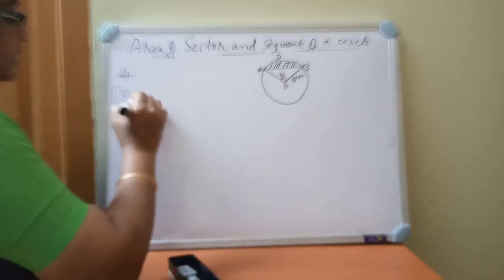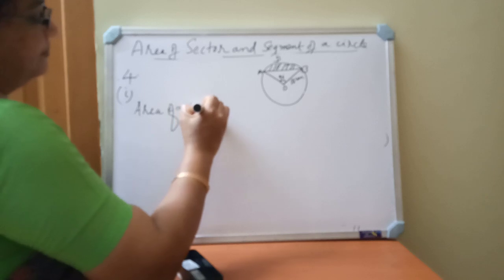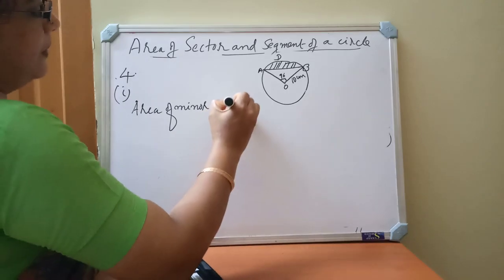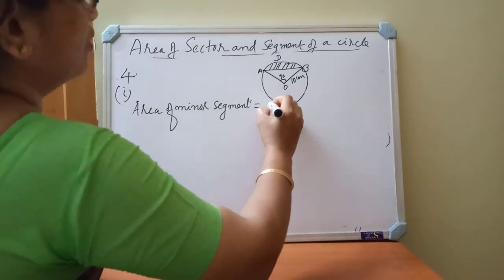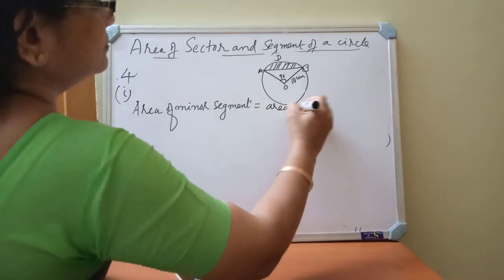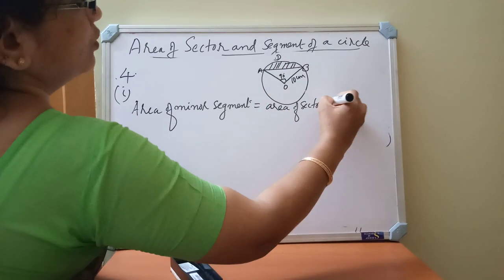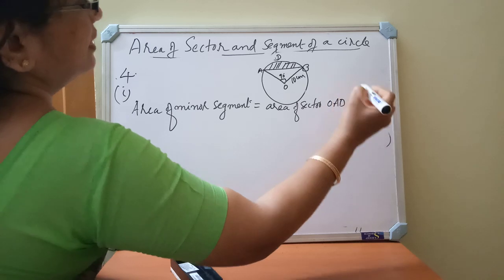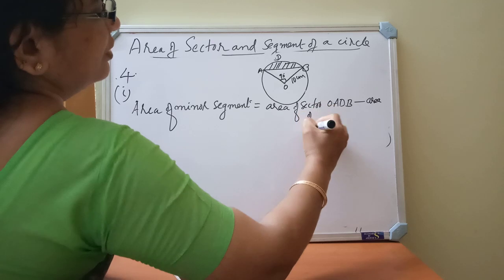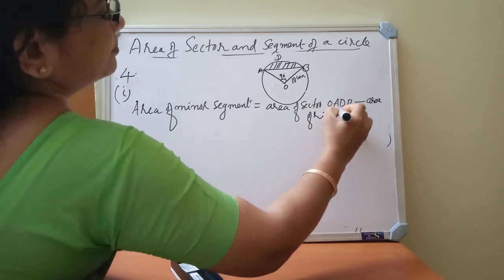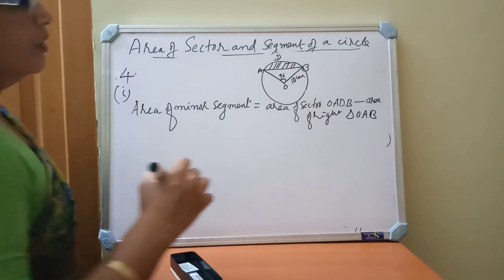So first part is area of minor segment equal to area of sector OADB minus area of right triangle OAB or AOB.